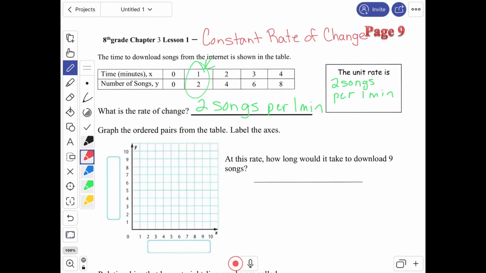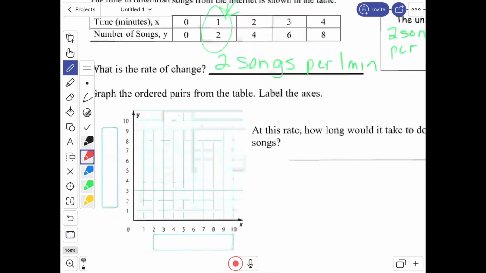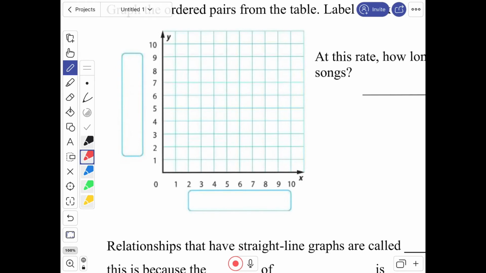And then we're going to graph the ordered pairs from the table, and we're going to label the axis. So X goes across the bottom, and Y is going vertical. So our X was time in minutes, and the Y-axis was number of songs.